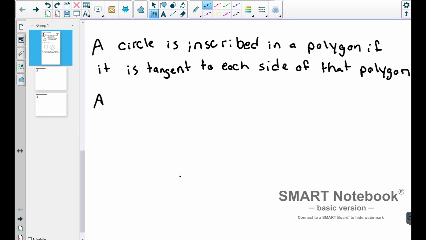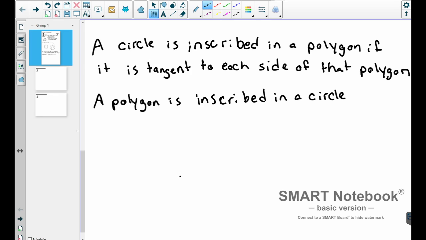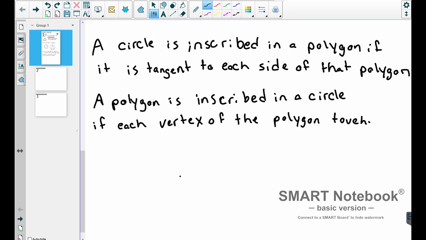What about a polygon inscribed in a circle? A polygon is inscribed in a circle if each vertex of the polygon touches that figure.